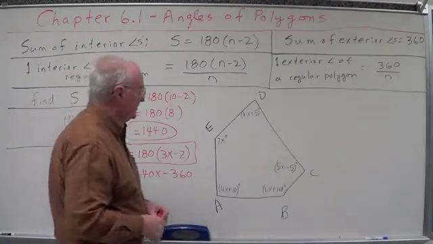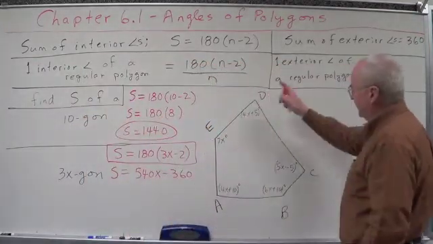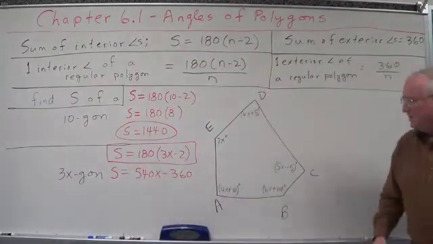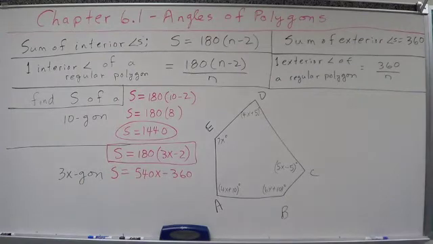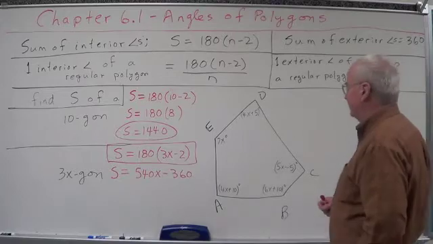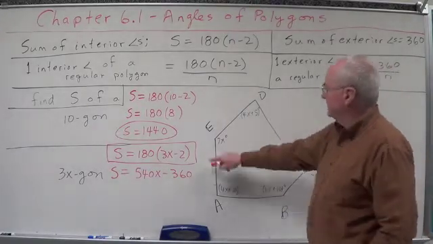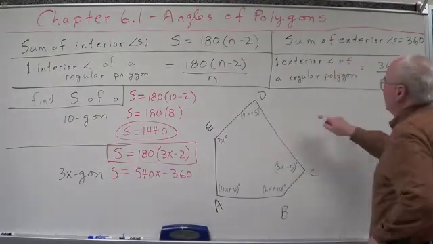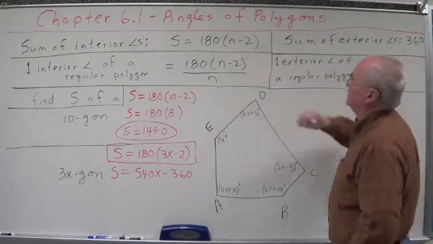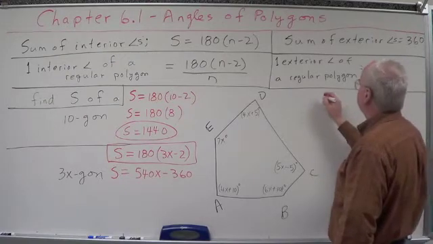Now let's move over here to this one. We're given expressions for each one of those angles, and we want to know what x is and find out the measure of each angle. Okay, so how many sides does this have? 1, 2, 3, 4, 5. It has 5. So let's find out what the sum of the angles should be.